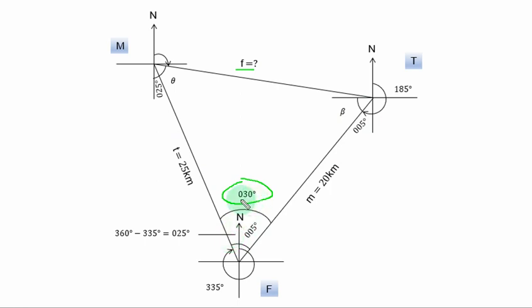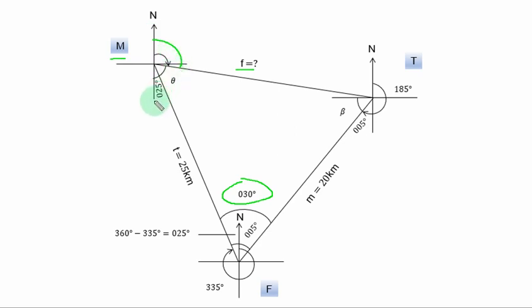030 degrees. We are asked to also get the bearing of the fig tree from the man. From the man, you have to go to the man. You start from the north to that point that joins the man and the tower together. So we need this angle.